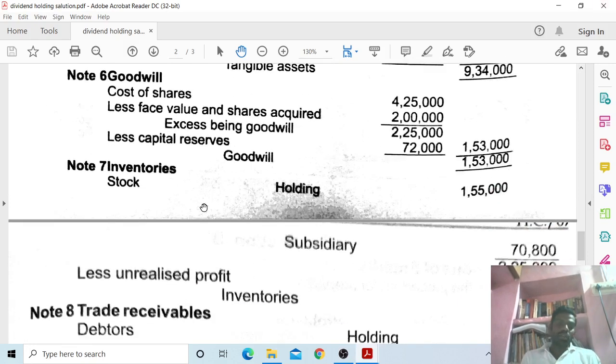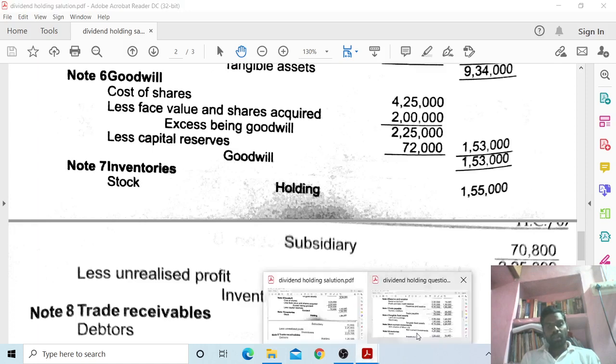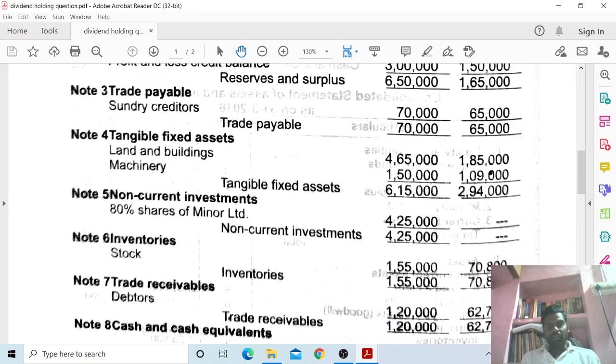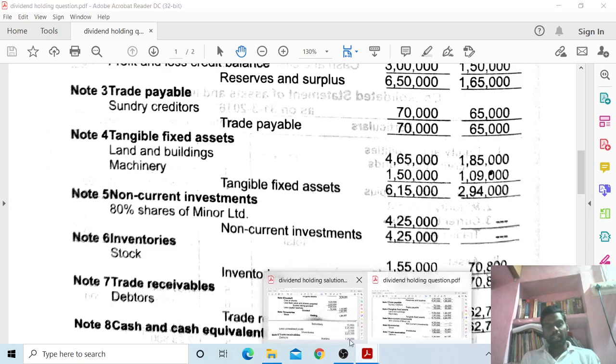Next, note number 7. Stock of holding company 1,55,000 and subsidiary company 70,800. Total 2,25,800. So stock means the major company and the minor company, 1,55,000 plus 70,800, you take it directly.